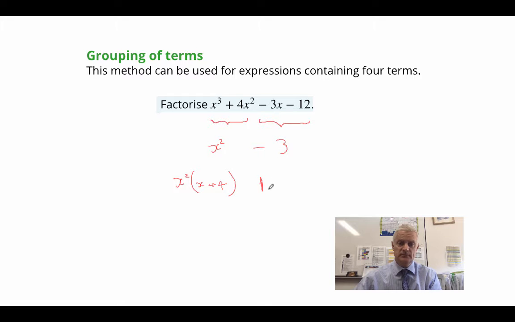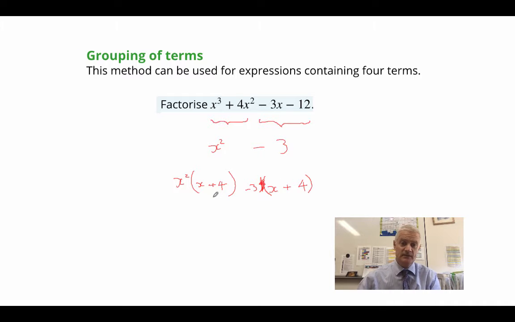Sorry, not 1x. Really, I should have just called that x, shouldn't I? So I'll scrub that out. Minus 12 divided by minus 3 is 4. Alright, so I've got a minus 3 here, and excuse my scratchiness there. Got minus 3 outside the brackets and x plus 4 in.